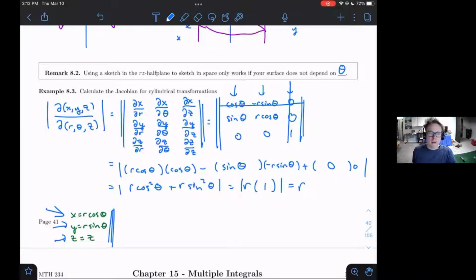And our Jacobian for a cylindrical transformation is maybe not surprising here. It's just r. It's the same thing as if we had a polar transformation. And after all, cylindrical transformations are an upgrade of polar transformations into a three-dimensional coordinate system where z is itself. And so maybe this isn't so surprising.